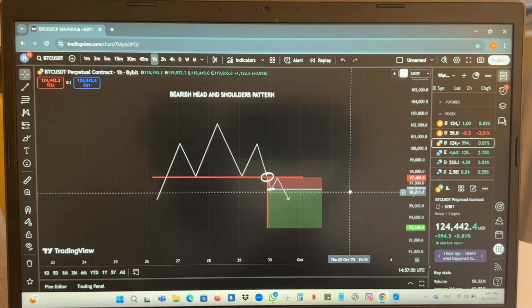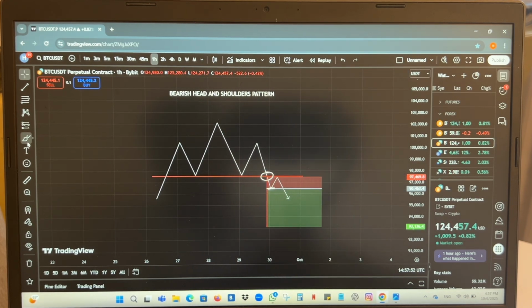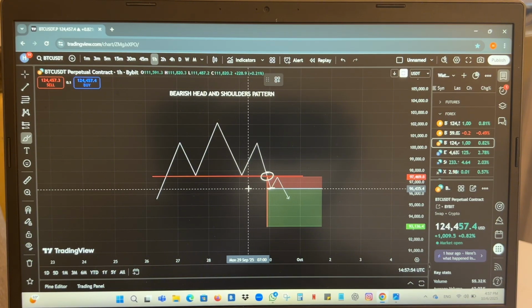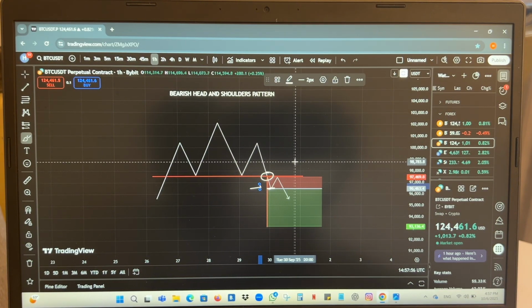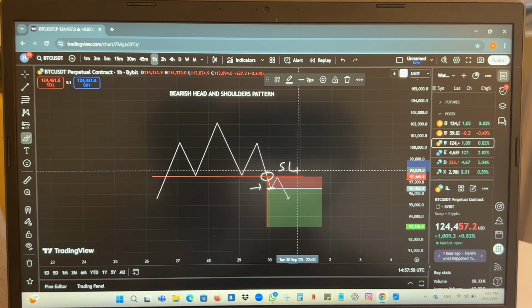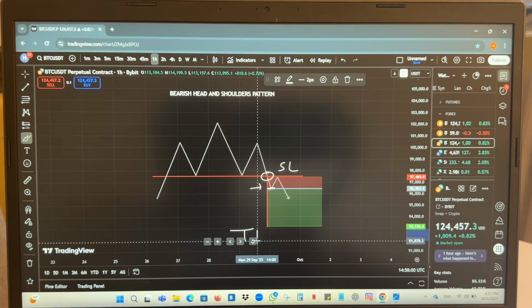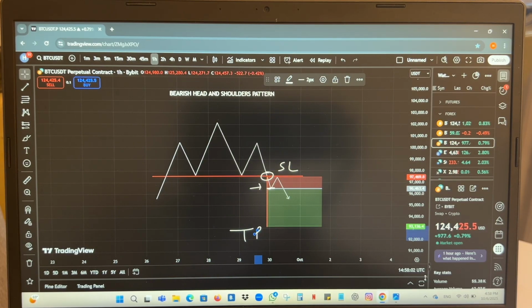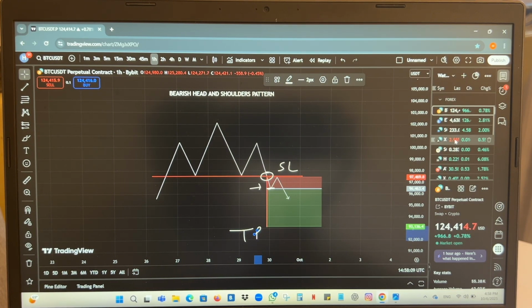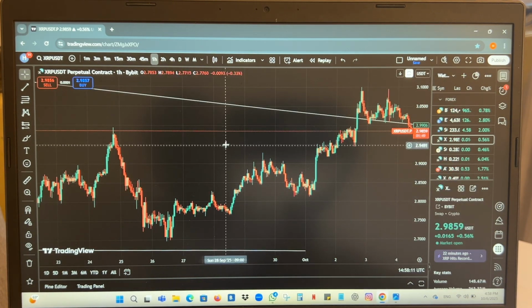Now you have a clear idea where to put the entry. So this is the entry, this is the stop loss, and this is the TP, right? So for this I will give you a good example in a coin called XRP.